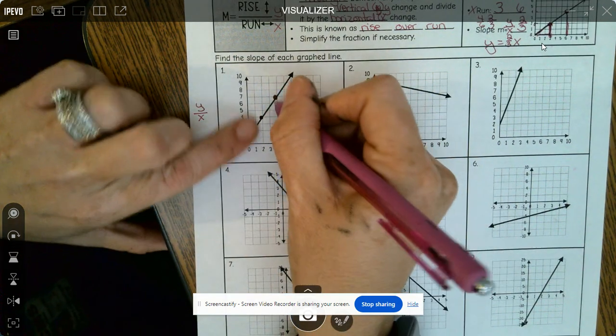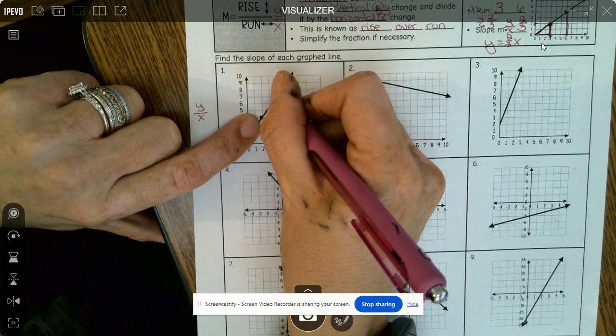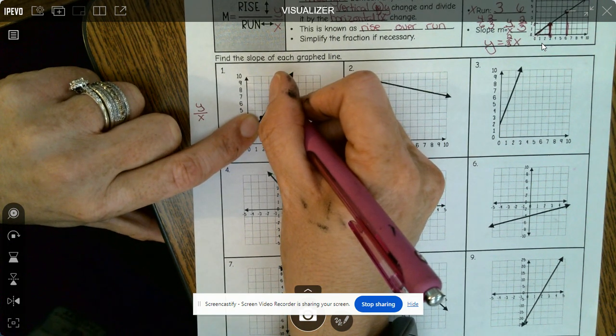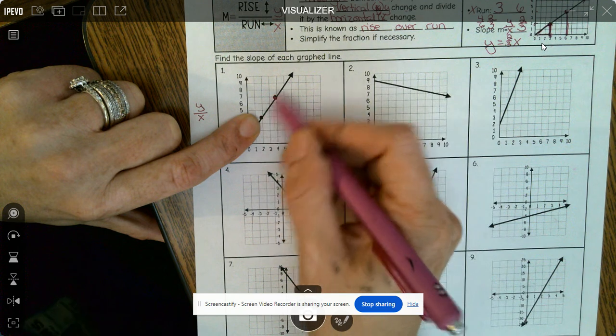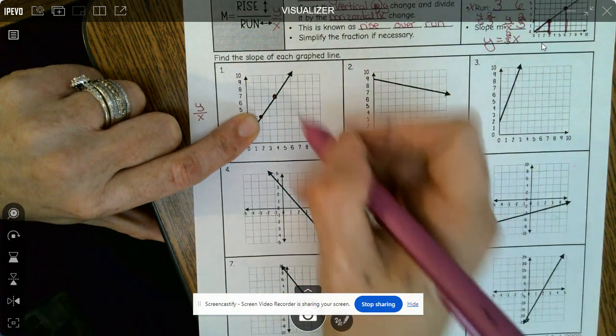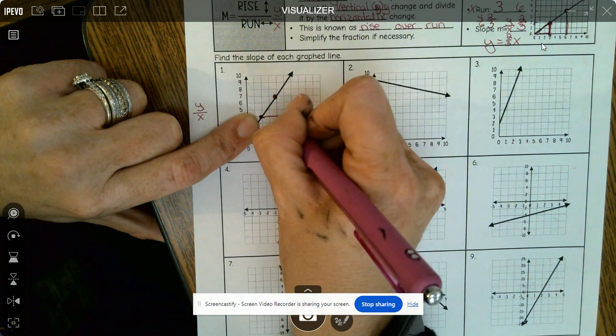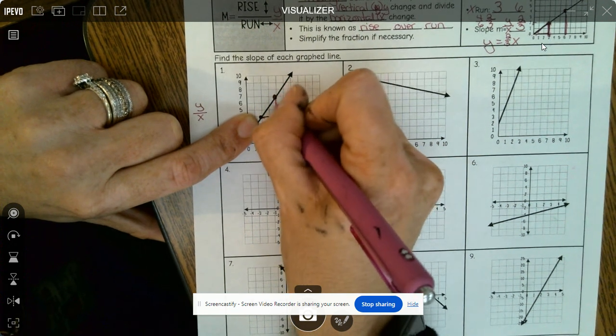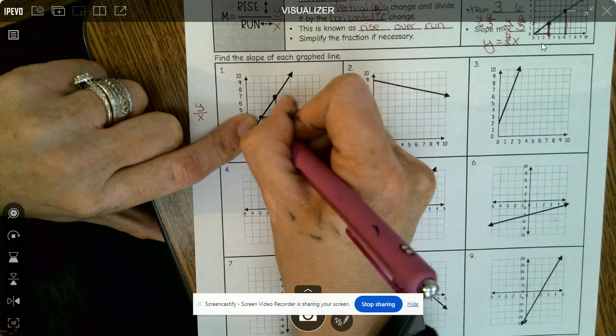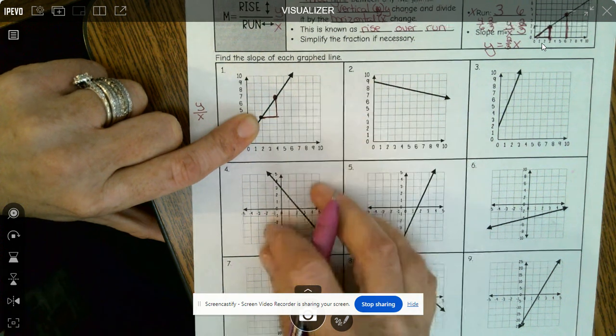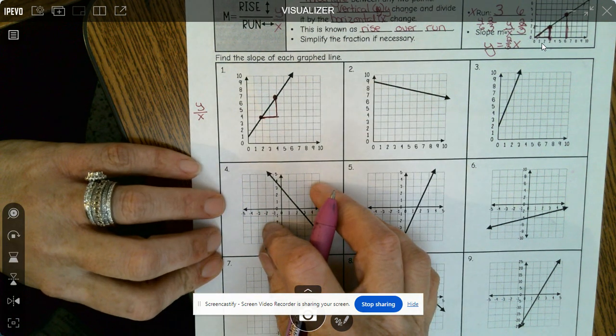So the first thing I do is I find my 2 points, or more points, whatever you guys want, on my line, right? The second thing I need to do is create a triangle. So I'm going to do my rise over my run. Do you guys see that?